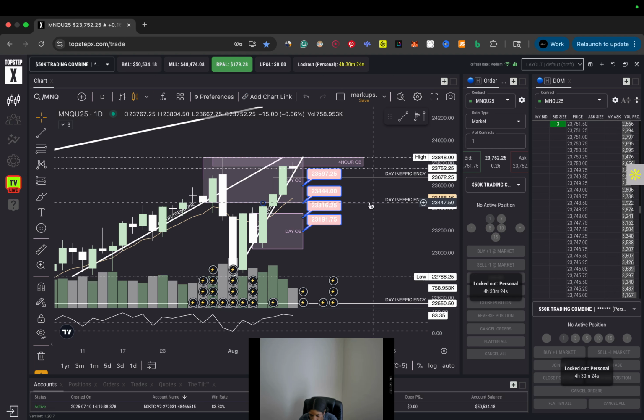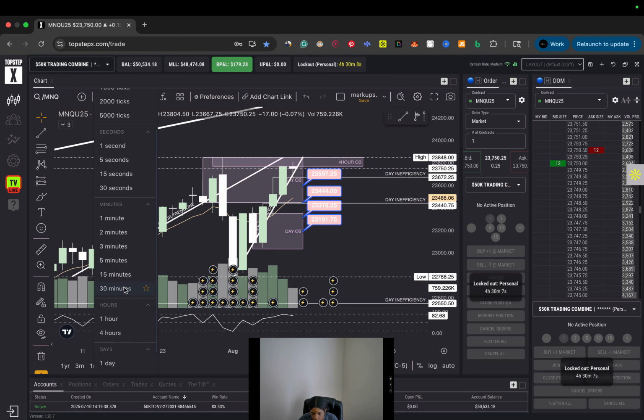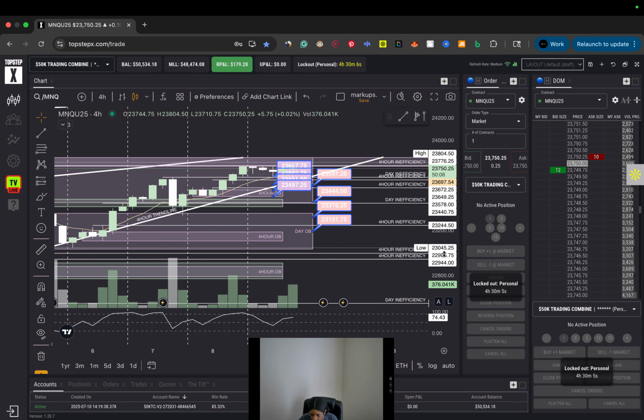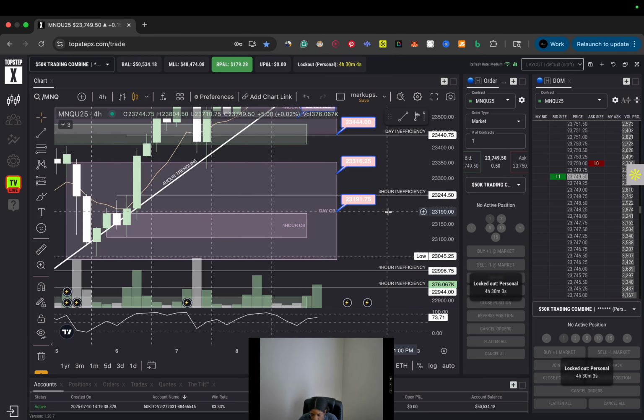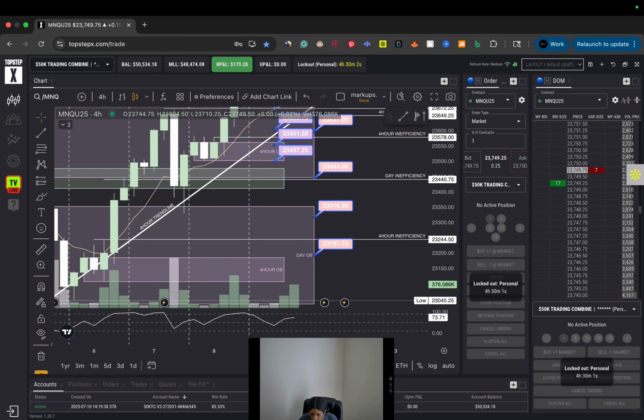We also had a day inefficiency right here, and also a day inefficiency right here as well, near the top, at that 23,674 level. So when we come down here to the 4-hour chart, again, we have a 4-hour order block within this day order block.